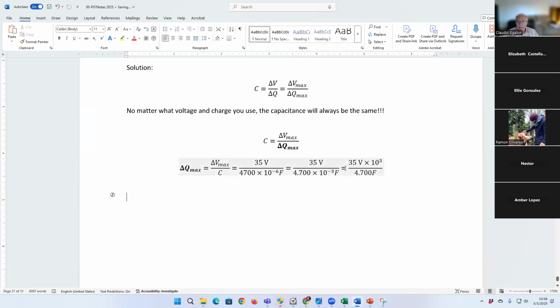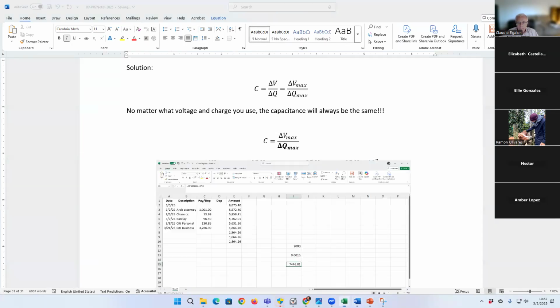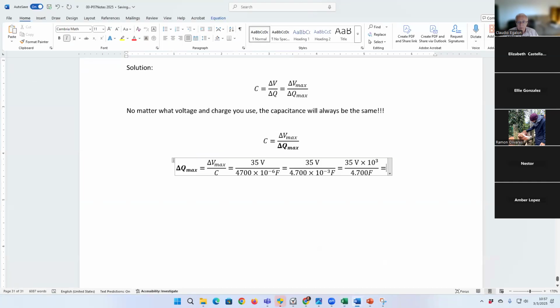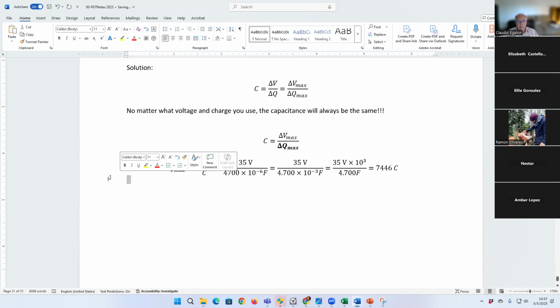Okay, and we get that number that you saw, which is 7,446 coulombs. Volts divided by farad is coulombs, a lot of charge. That's the maximum amount of charge that your capacitor can carry.